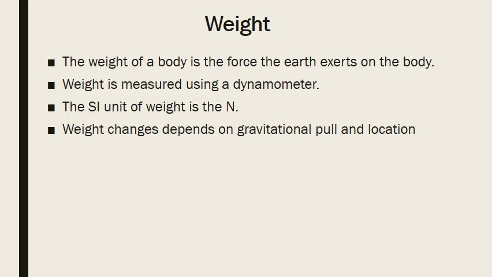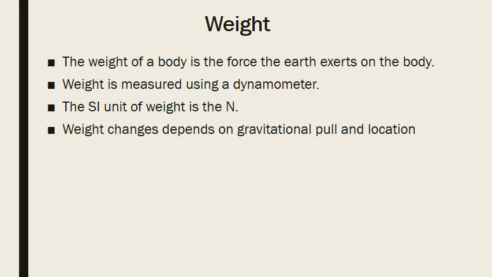We then looked at weight, and we said the weight of a body is the force that the earth exerts on the body. The weight is measured using a dynamometer. The SI unit of weight is newtons, and weight changes depending on gravitational pull and location.